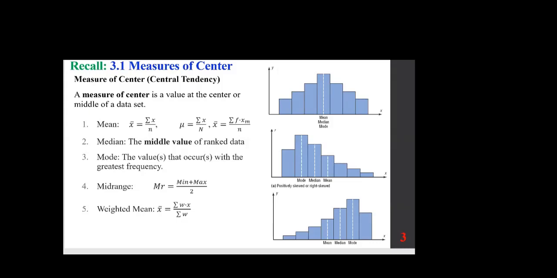And finally, if you have graphs, when you're dealing with the histogram, if it's completely symmetric, if it's normal, the mean and the median and the mode happen at the same spot. But if it's skewed, the mean is the one that follows the tails, wherever the tail goes, to the right or to the left. Why? Because it is affected by outliers.